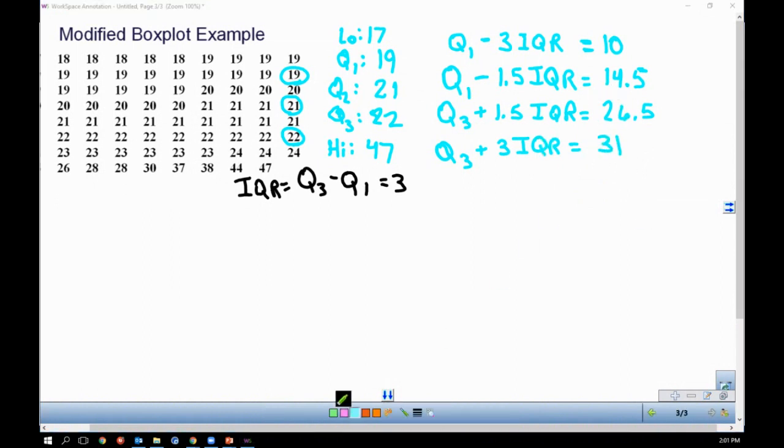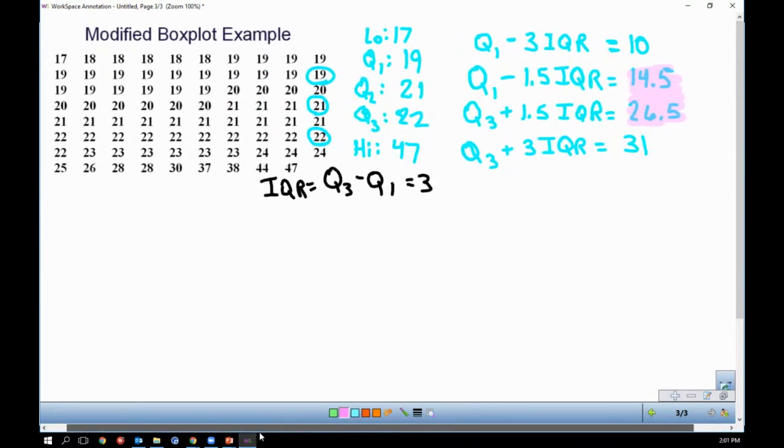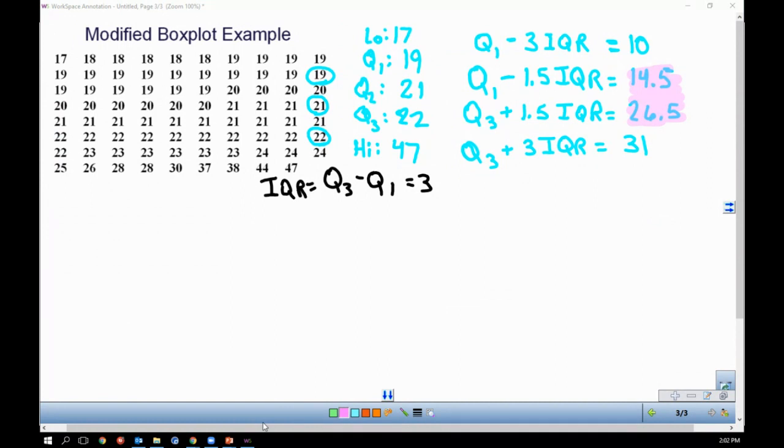So again, if they're in this range, they're considered normal. So on the low end, we're all normal because we stop at 17, which is well within our normal range. So let's look on the high end.